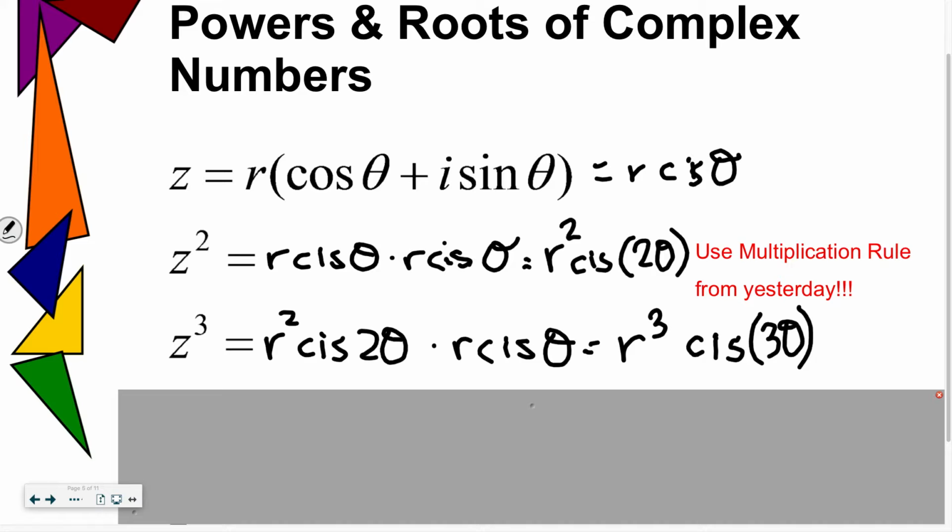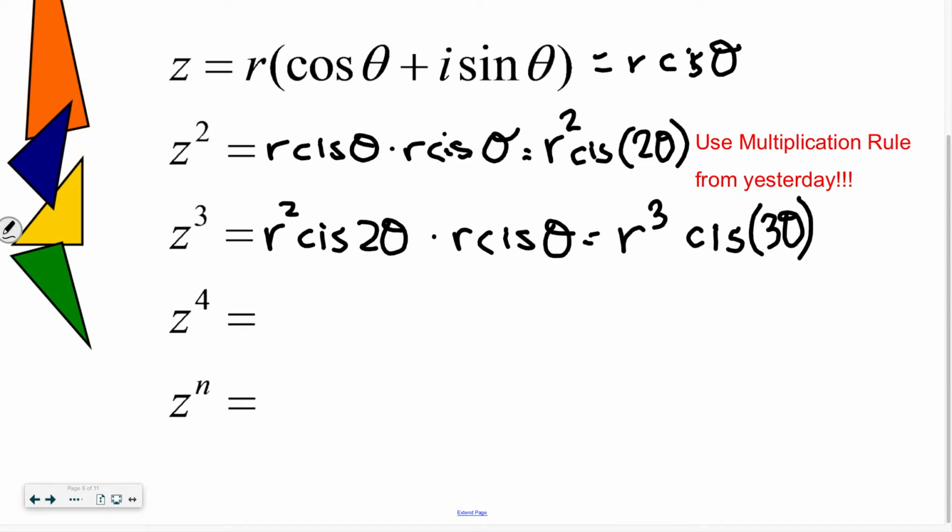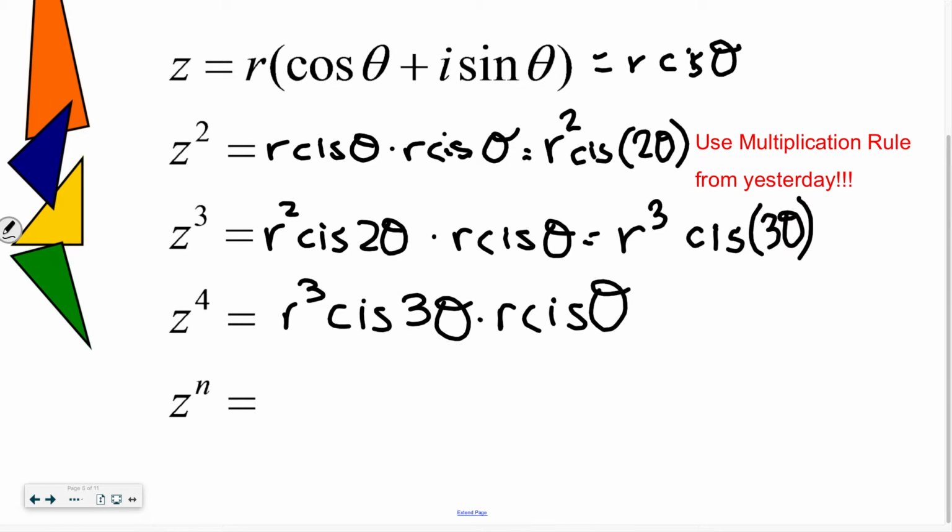Yeah, okay, now I'm going to show the work for that one. So I'm going to take z cubed, that would be r cubed cis 3 theta. I'm going to multiply it by another r cis theta, just to confirm that this pattern actually holds, because we only really have 2 things up there. But r cubed times r is r to the 4th, and 3 theta plus theta is cis 4 theta.